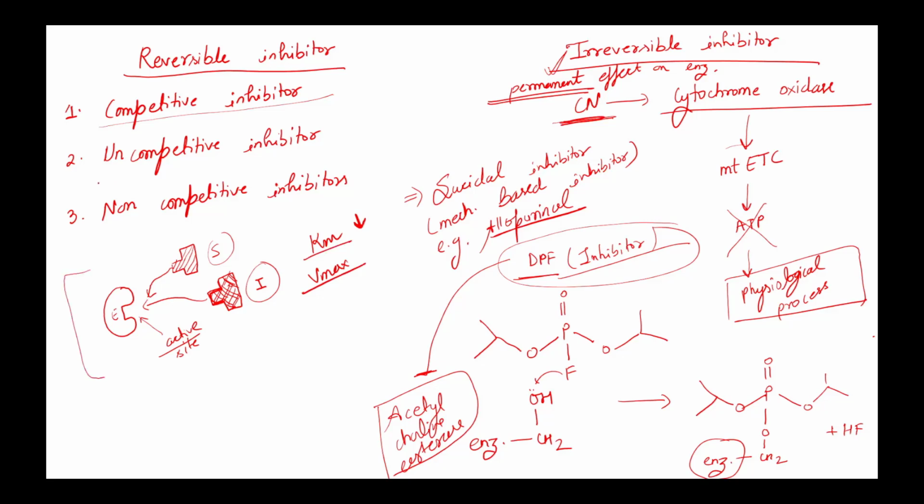Okay. Now we have another category which is uncompetitive inhibitor. So where do they bind? The competitive inhibitor was binding to the free enzyme, but the uncompetitive inhibitor will only bind to an enzyme which is already bound to a substrate.